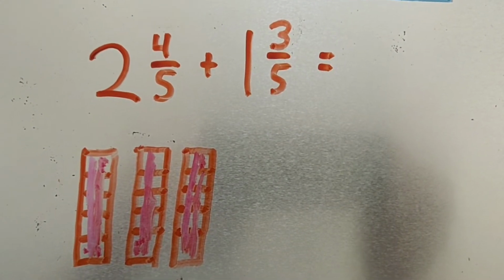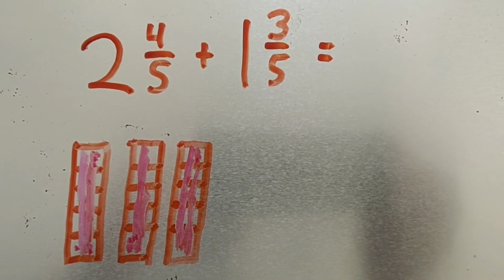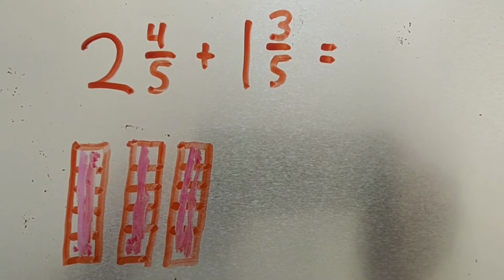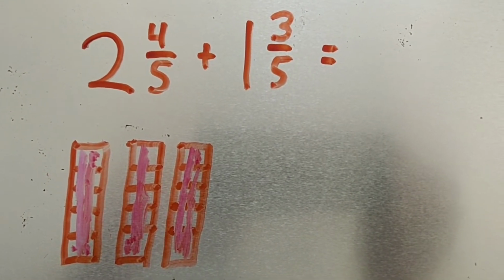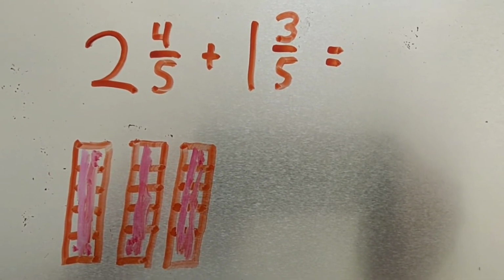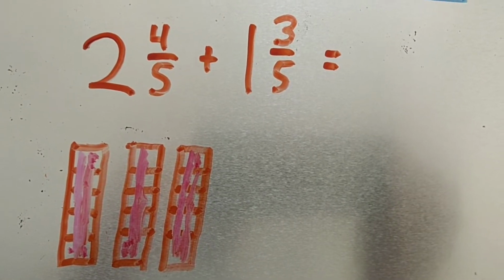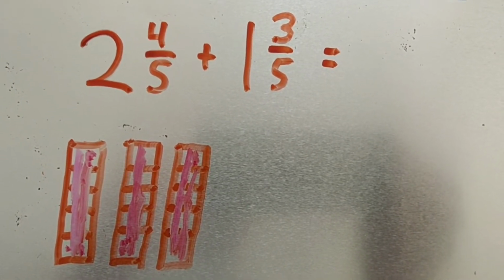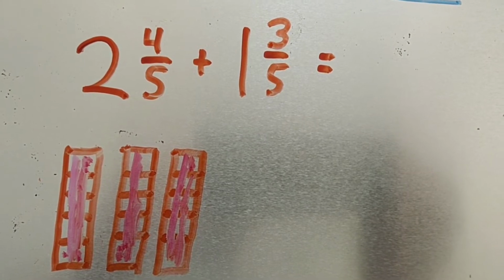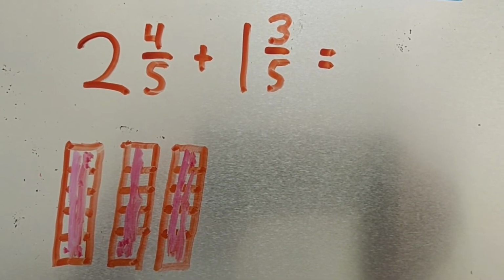And so there are those 3 wholes, and I have them shaded in to show that we have 3 wholes. Notice that I still broke them into 5 equal parts because the denominator in the fraction part of the mixed numbers, 4/5 and 3/5, is 5, and so that tells us we're dealing with wholes broken into 5 equal parts.